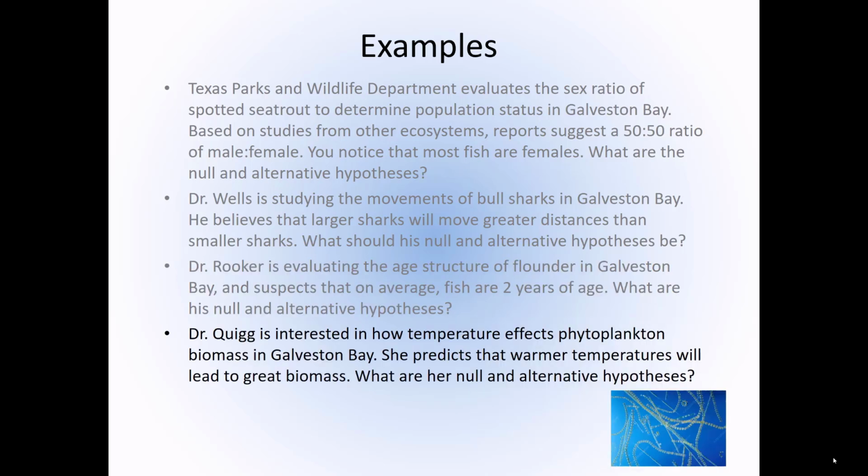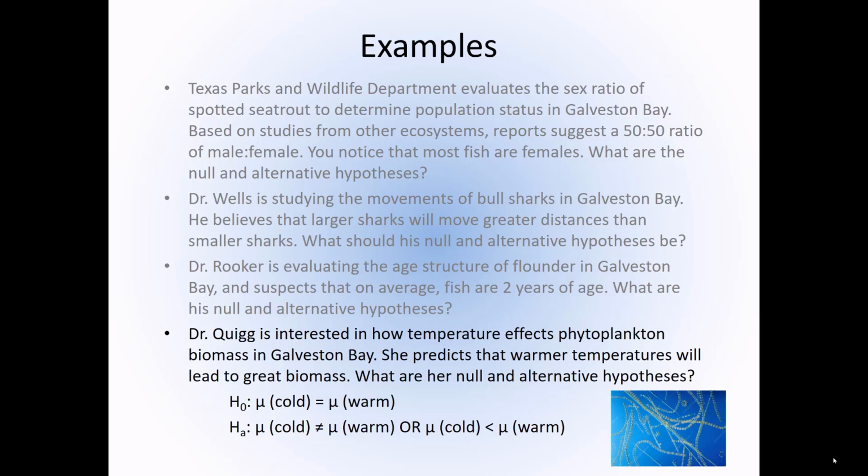One last example, Dr. Quigg is studying the effects of temperature on phytoplankton, and she's predicting that as temperatures get warmer, there's going to be more biomass. So her null hypothesis in this case, again, is what she's testing against. Even though she suspects temperature has an effect, her null hypothesis is that it doesn't matter whether the temperatures are warm or cold, there's going to be the same amount of biomass.